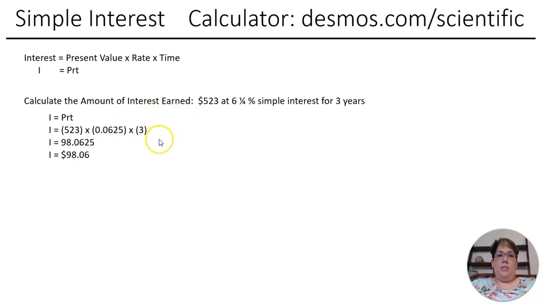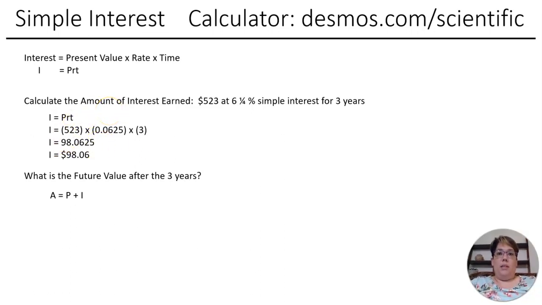All right, so that's just simple interest. Not too bad on that. Now, what if you were to ask, what is the future value after 3 years? The future value is often represented by the letter A. It is the principal plus the interest, so the present value plus the interest.